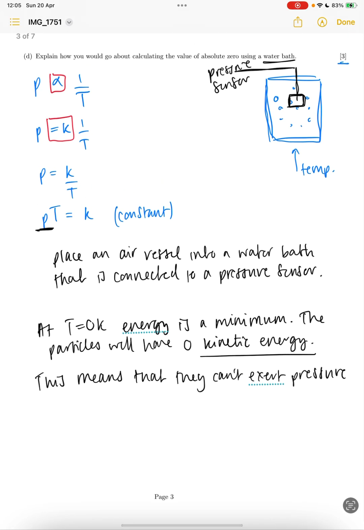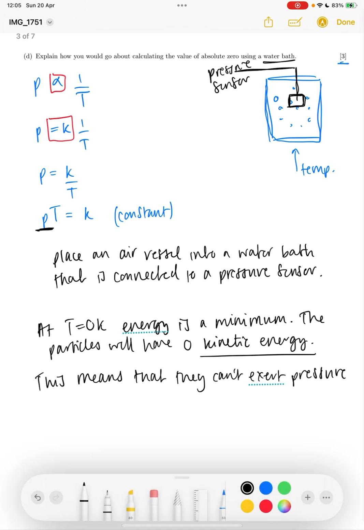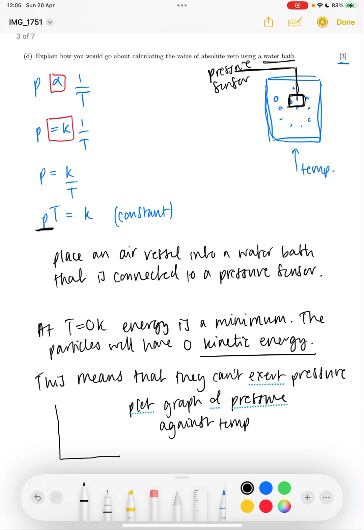So if I'm running out of room, plot a graph for pressure against temperature. We've got pressure and temperature.